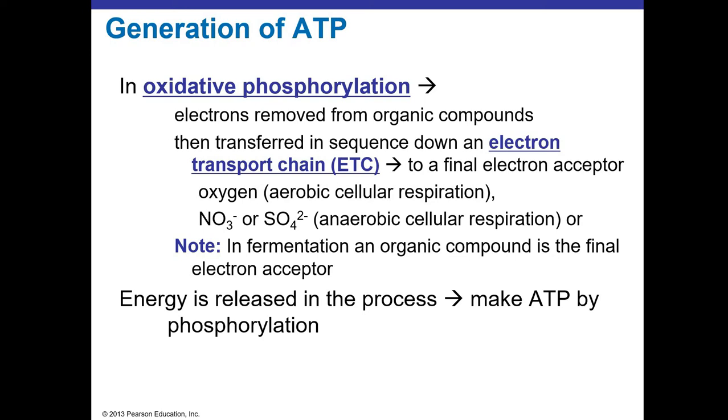Those types of organisms carry out anaerobic cellular respiration and use things like nitrates and sulfates as the final electron acceptor. In part B of this chapter, we'll talk about fermentation of organic compounds and see how that low energy process is very beneficial in creating a lot of our dairy and alcoholic beverages.